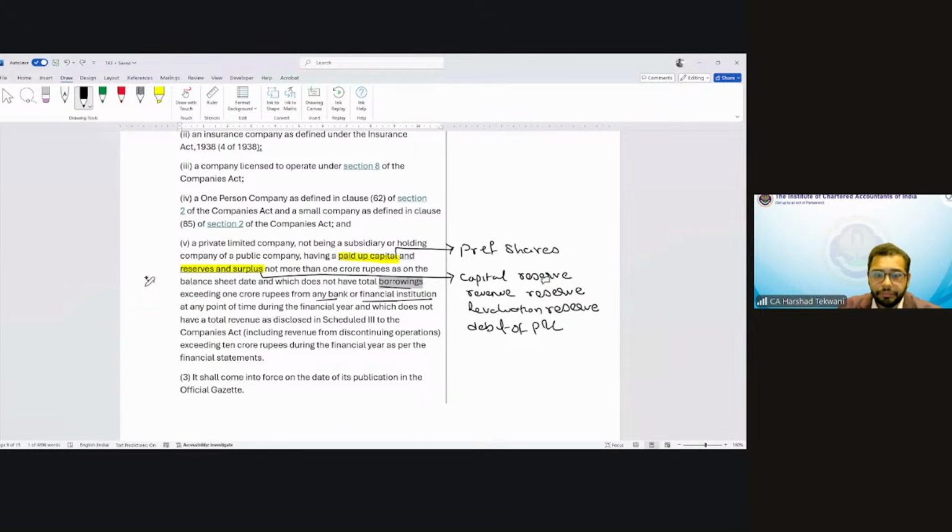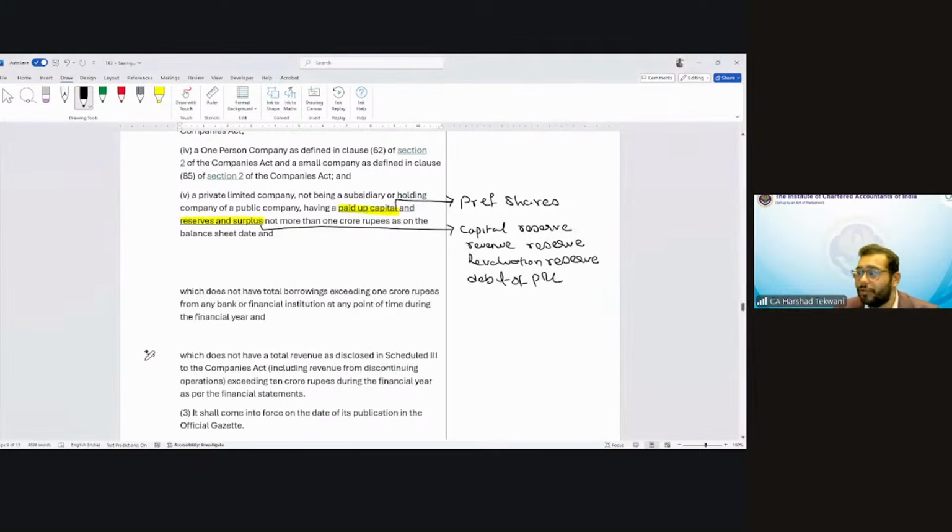What else? Apart from that, what should I include? Working capital loans. Okay, very good. What borrowings will be included? Very important question, because if this applicability is not clear, then how will you decide whether CARO is applicable or not?